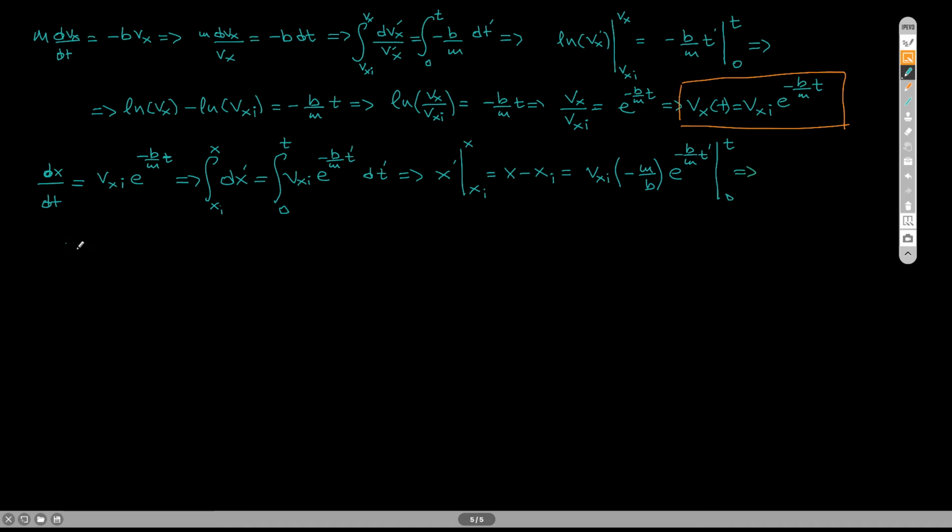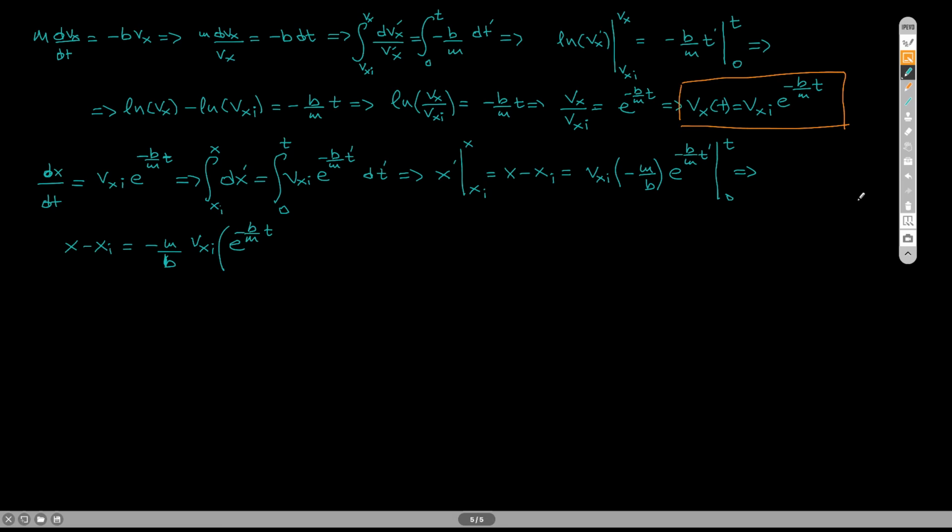Moving on, I have x minus x initial equals minus m over b Vx initial e. Okay, so here I need to use parentheses, minus b over m t.